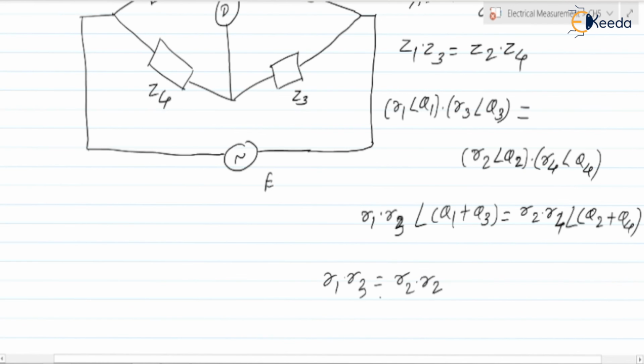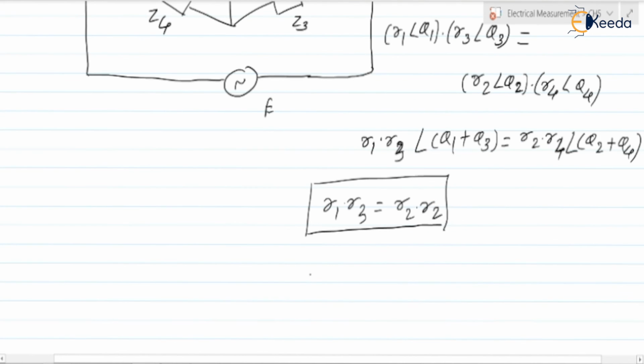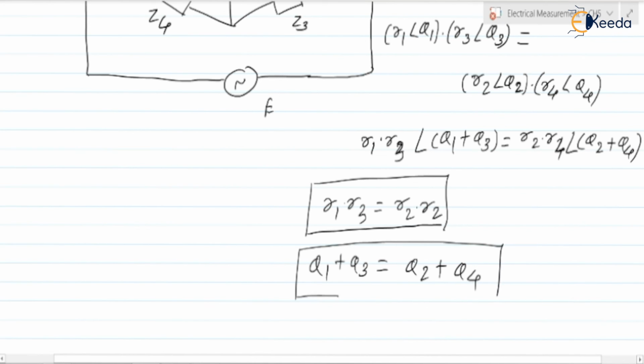This is the equivalent magnitude condition. And at the same time, the angles theta 1 plus theta 3 should be equal to theta 2 plus theta 4. This is the second requirement. It means the sum of the angles in the opposite branch impedances should be the same, and the magnitude products should also be the same.